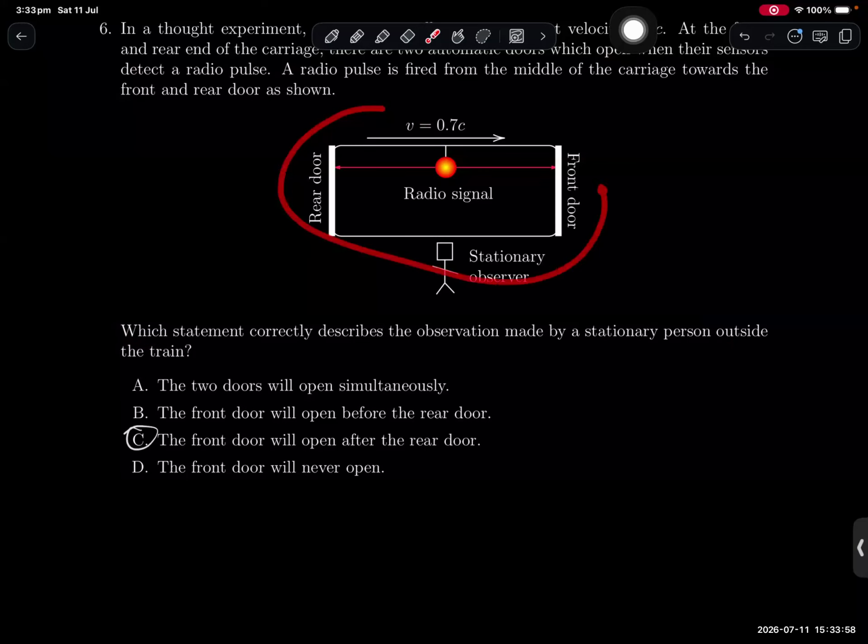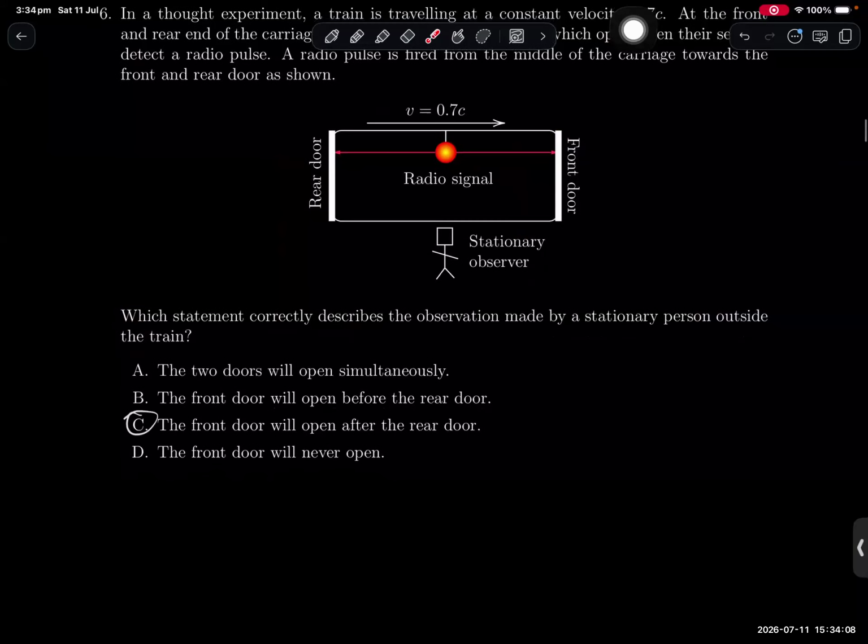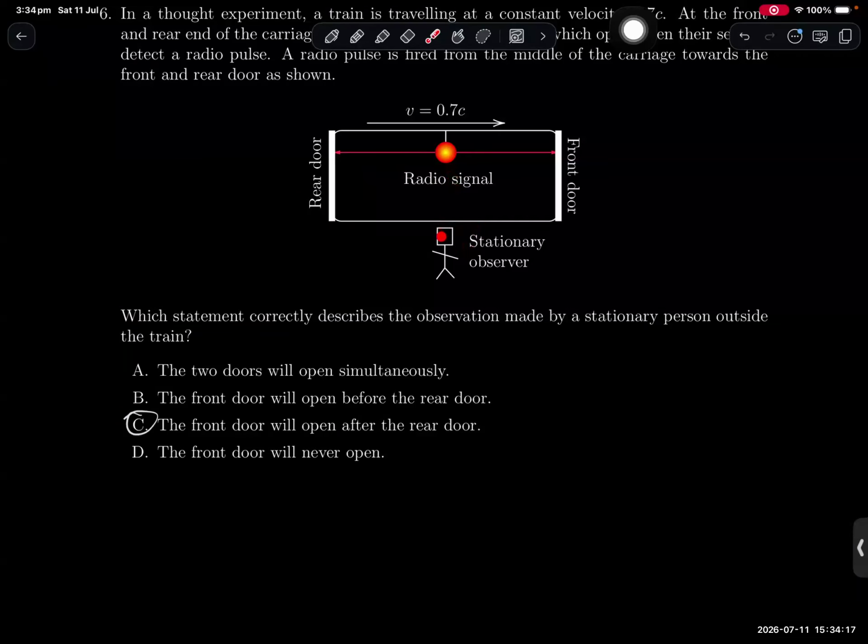This is the principle of simultaneity. From the perspective of the person outside the train, the rear door will open first, followed by the front door. So it would be C. This is because the train itself is traveling, but they both measure the speed of light to be c. So as the train moves this way, light travels a shorter distance to the rear door, while light has to travel a longer distance to reach the front door.